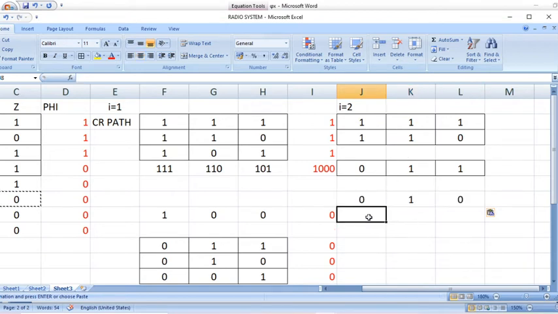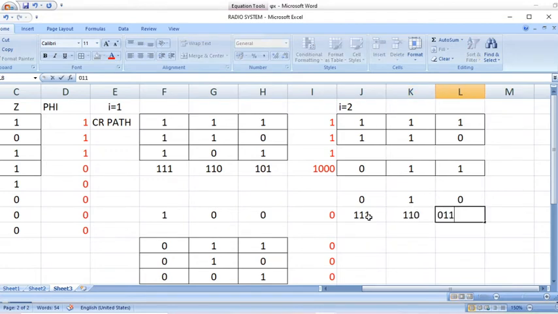So what are the vectors? 1 1 1, 1 1 0, 0 1 1, another is 0 1 0. So among the four vectors with I equal to 2, which are critical vectors? Is it critical?